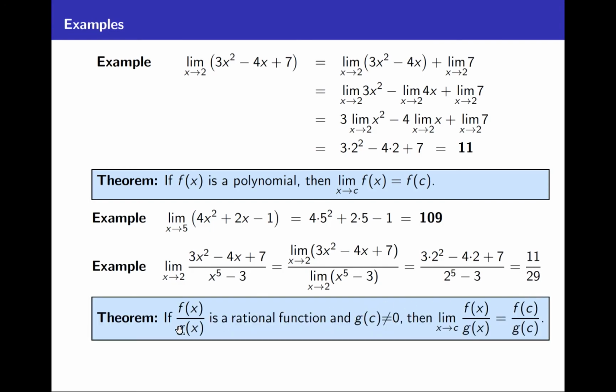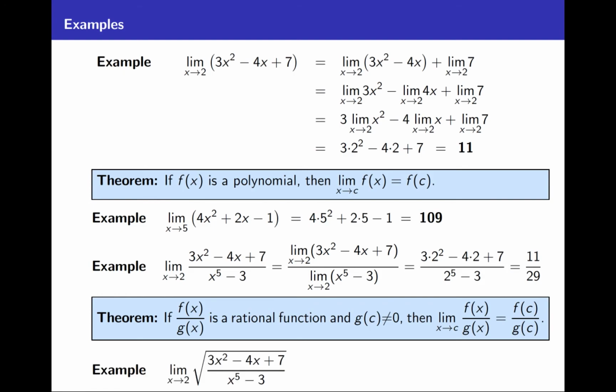And let's note that as a theorem that you can use. If f of x over g of x is a rational function and the denominator is not 0, which is important, then the limit as x approaches c of that rational function is just c plugged into that rational function. So you should work some examples in the book where you're getting used to applying these properties.